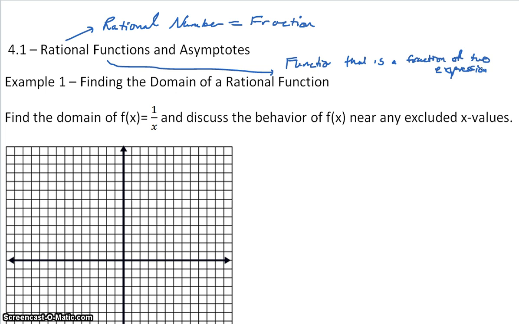So we have a fraction with two different expressions in it. Now, they don't have to be variables, as you're going to see with the very first one, but it's got to have an expression in it, okay? Because those are the ones that are unique to look at.